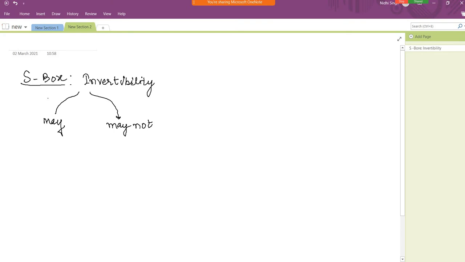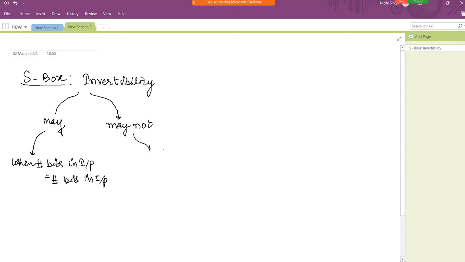So what is the condition under which we can find the invertible component of an S box? It depends upon the number of bits in the input and the number of bits in the output. In order to find the invertibility of the S box, there is one mandatory condition: when the number of bits in the input is equal to the number of bits in the output, then we can find the invertible S box.